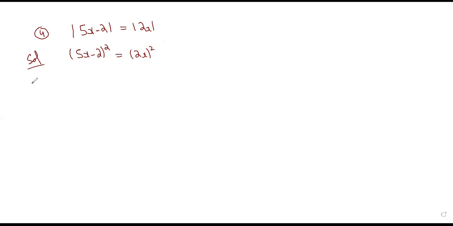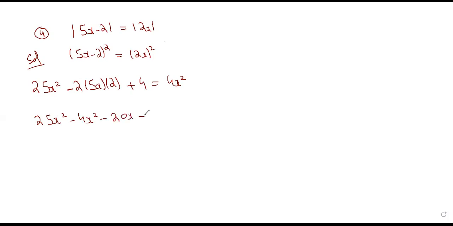And this would become 25x² − 2 into 5x into 2 + 4 = 4x², and this would become 25x² − 4x² − 20x + 4 = 0, and it would give you 21x² − 20x + 4 = 0.